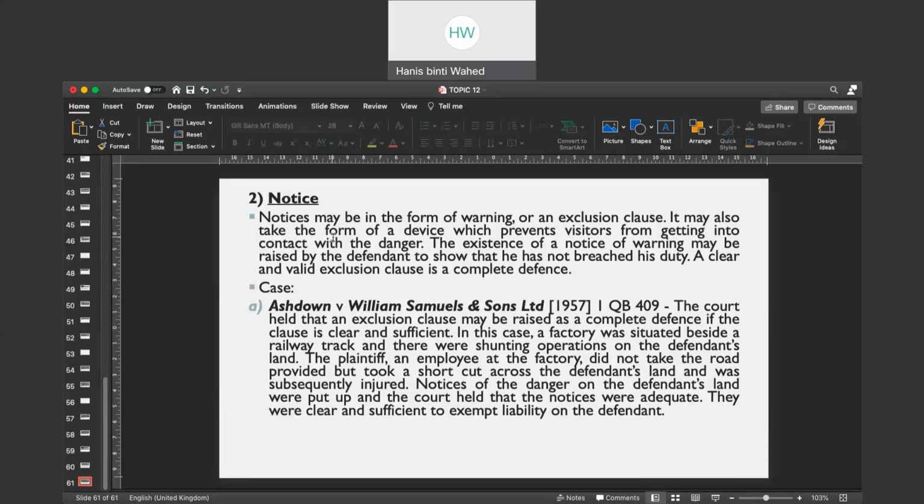Yeah. So if you get any question on this topic, first you need to determine who is the occupier. Okay, who is the occupier? And then you need to determine the categories of the entrant. Sama ada dia fall under any one of the four entrants.